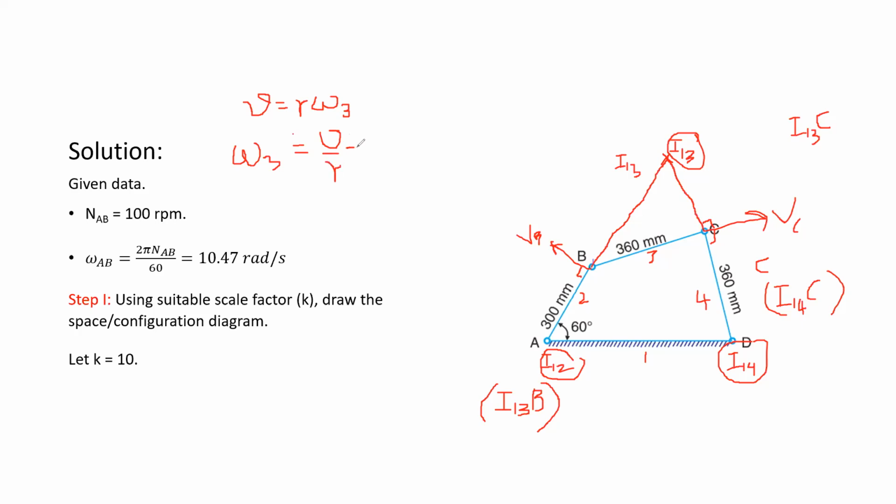So velocity कौन सा velocity? किसी एक पॉइंट का जो लिंक 3 पर है उसका वेलोसिटी लगेगा आपको, ठीक है? लिंक 3 पे कौन सा पॉइंट है, पॉइंट बी है या फिर पॉइंट सी है, ठीक है?